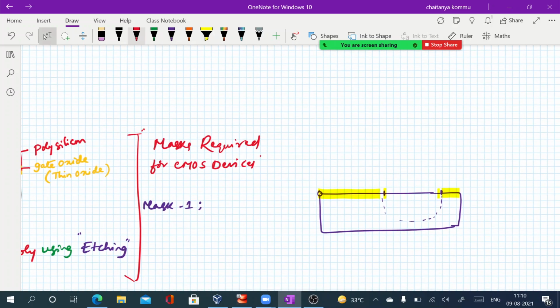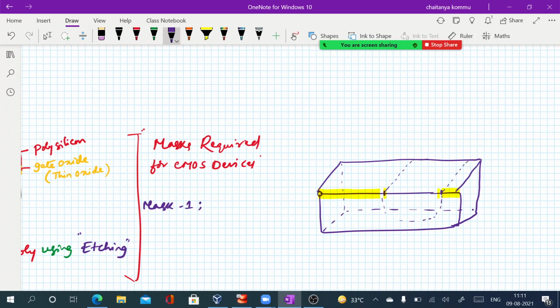So mask is something like this. I will draw the three-dimensional view of this so that you can understand the point. So this is a three-dimensional substrate, for example. I want the diffusion at these points only.